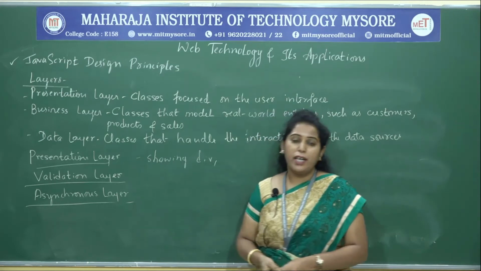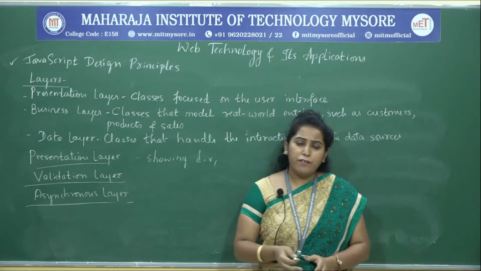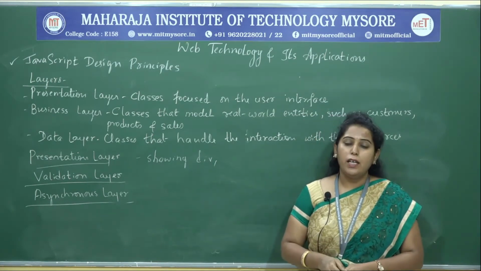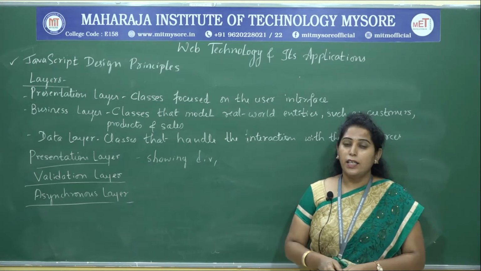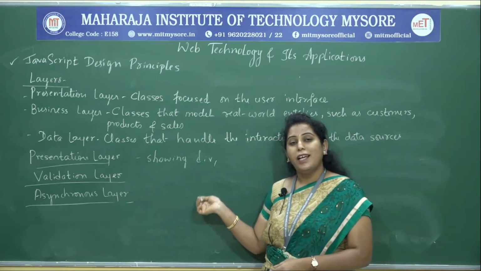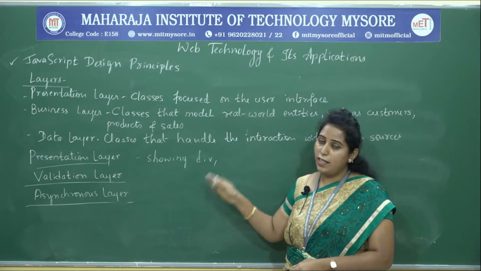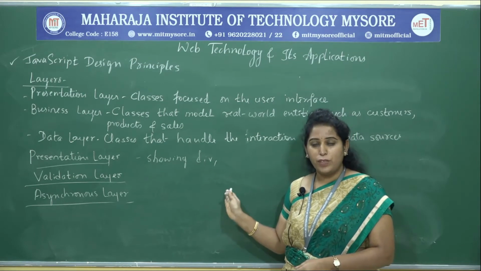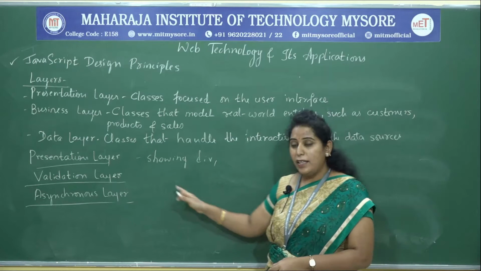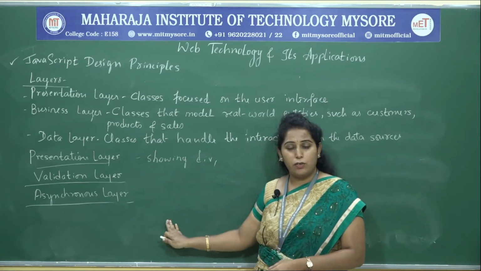Next comes the asynchronous layer. JavaScript operates in a synchronous manner. Synchronous manner in the sense that if the client sends a request to the server, after receiving the response, it is going to execute the next line of code. Okay, that is what synchronous manner is. Likewise, JavaScript is going to work in an asynchronous manner also.